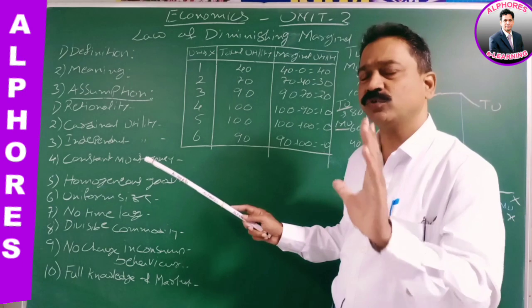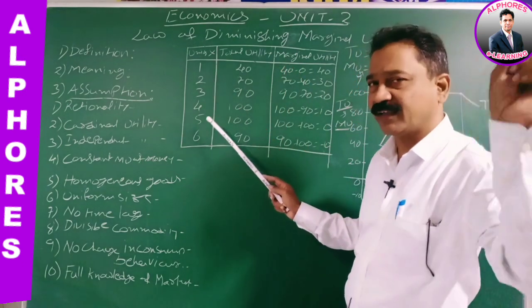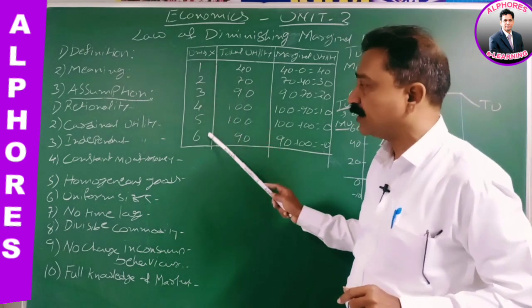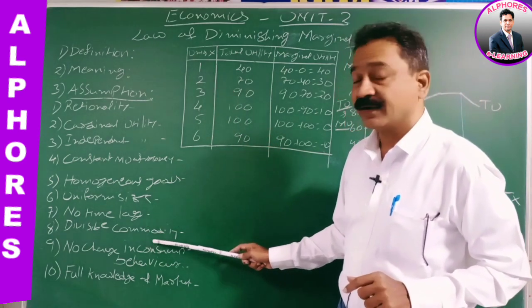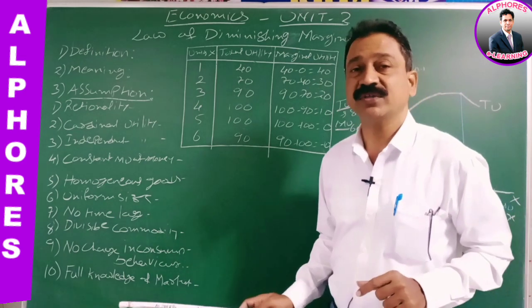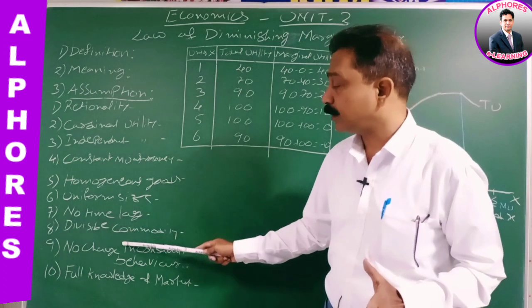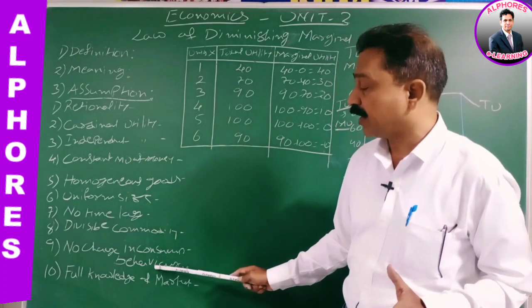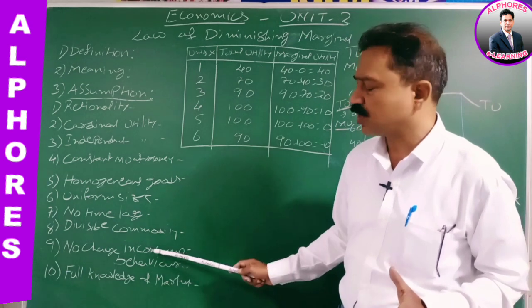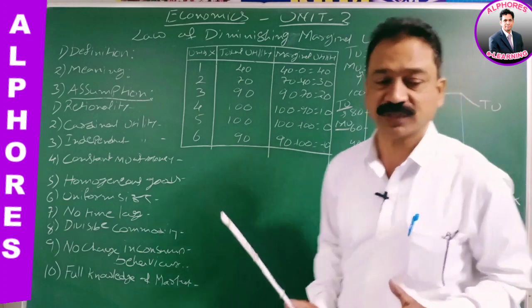Your marginal utility is going to be high. But here I am forcing you to eat all the mangoes at a time. That's why your marginal utility decreased. So uniform in size, no time lag, commodities divisible to a proper size, and no change in income and behavior of the consumer. There should not be any change in the consumer behavior. Last one, full knowledge of the market.